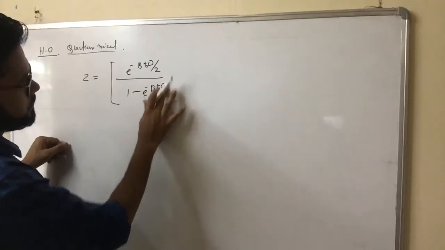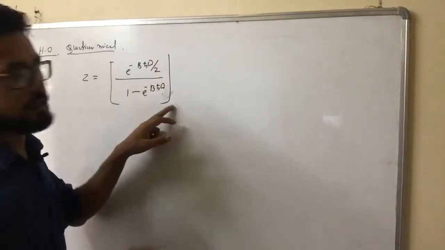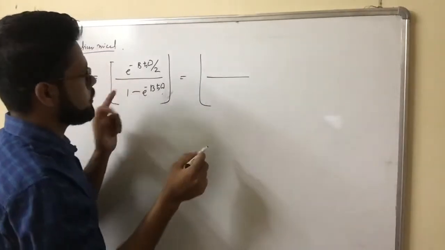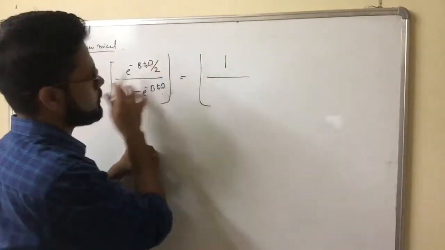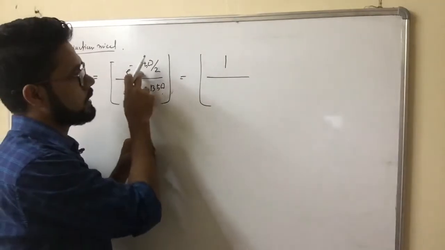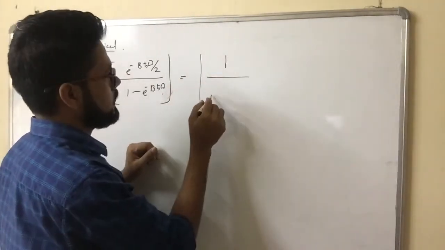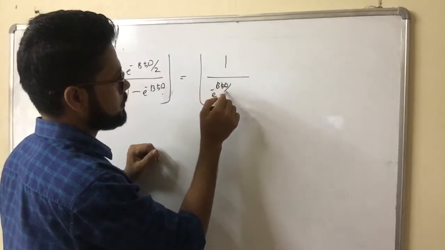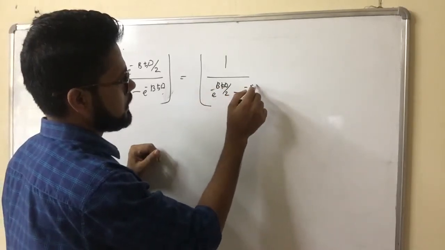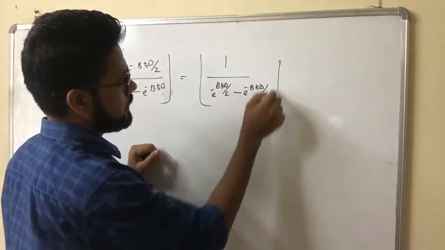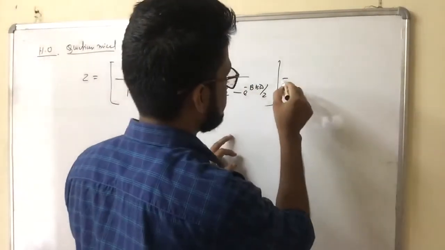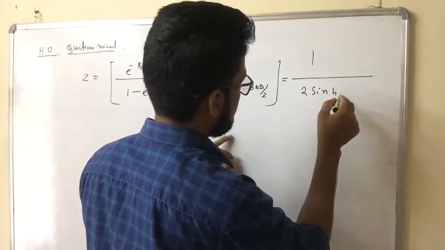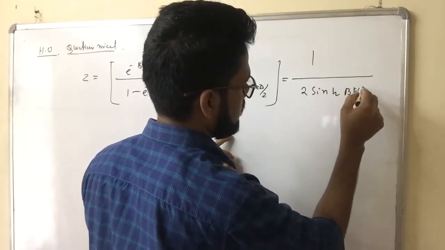And it will become 1 by 2 sinh of beta h cos omega by 2.